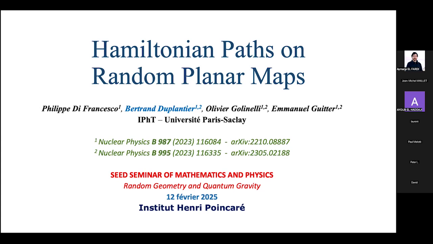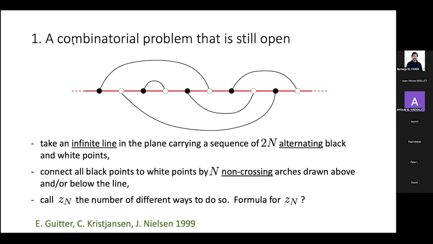So I will start with something simple, which is you take a line, you put two n endpoints, you color them black and white alternately, and you try to join the black and the white by arches, non-crossing arches, above and below the line.